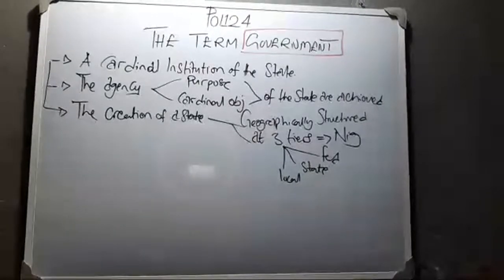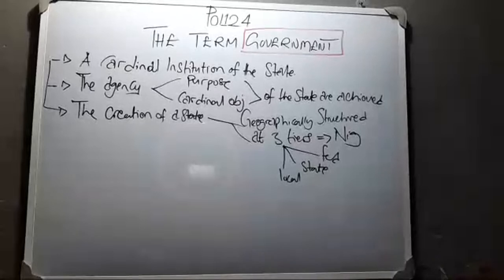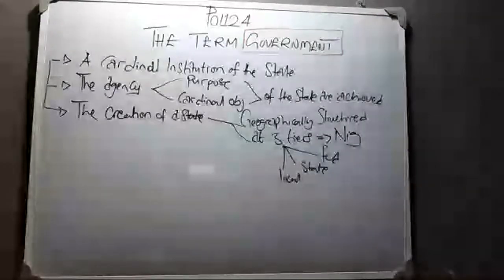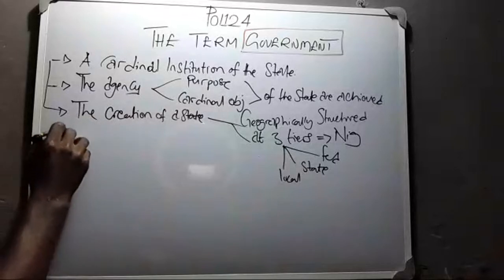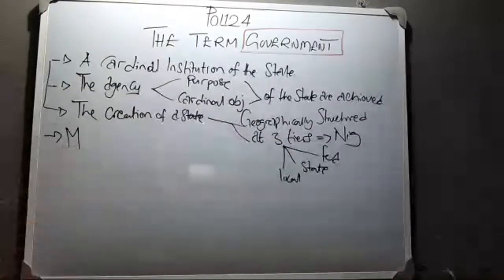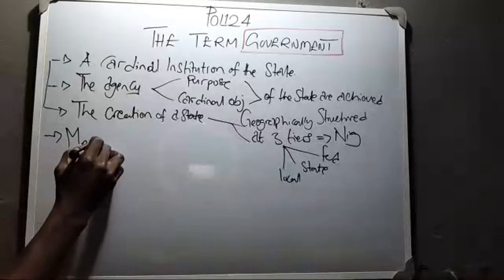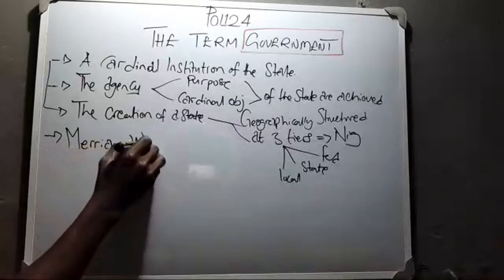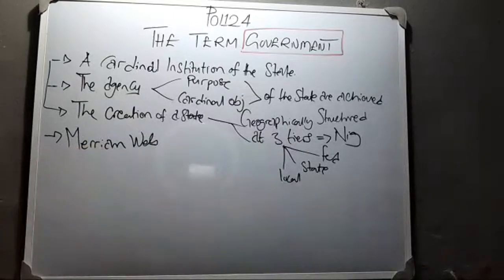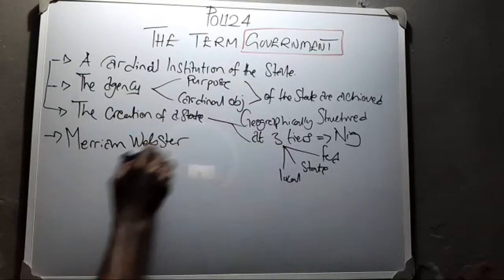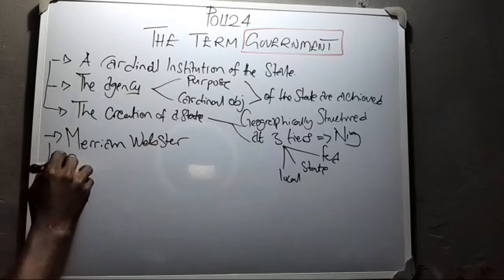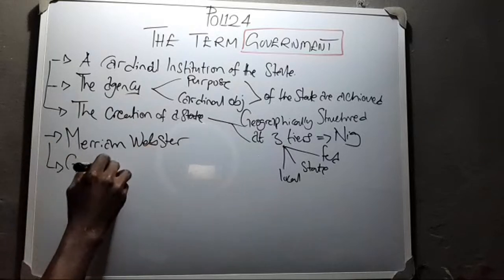Now let's also take a look at the definition of government from the Merriam-Webster dictionary. Here it says it's a group of people who control and make decisions for a country. A group of people.